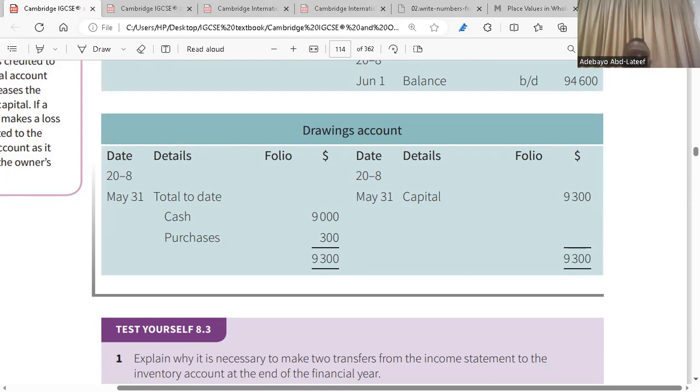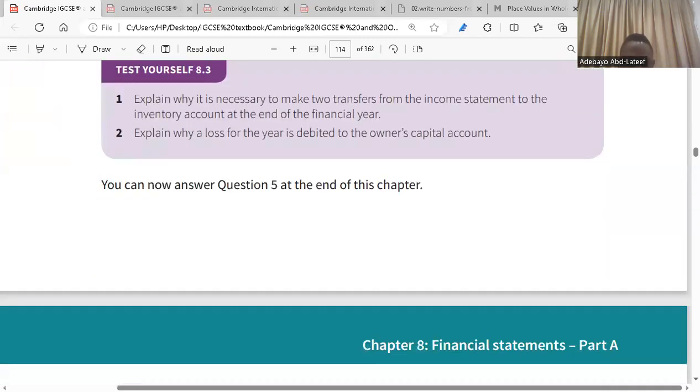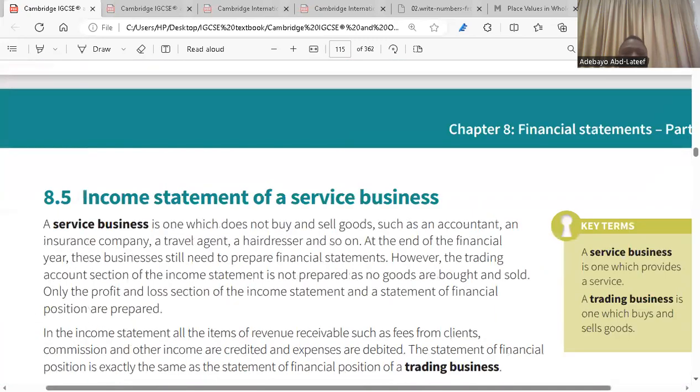If you don't make the analysis this way, there will be a problem in your purchases account, because your purchases account will have 300 extra. So where is it from? It is written here. 9,000 was cash and 300 was goods. So that's how we got our 9,300. I think it's clear. As soon as this is done, we now prepare the income statement of a service business.